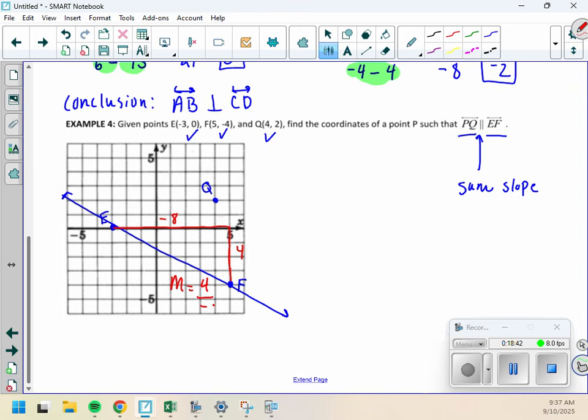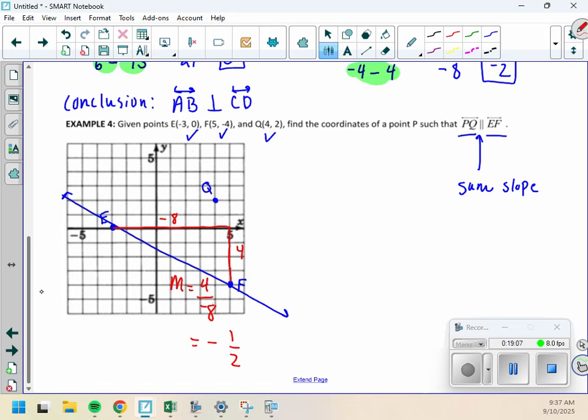So when we go to our next line to find this point P to make a parallel line, we're going to do the exact same thing. You need to rise 1, 2, 3, 4, and then we're going to run 1, 2, 3, 4, 5, 6, 7, 8, and this should be your point.